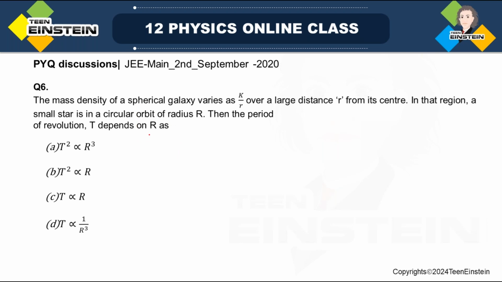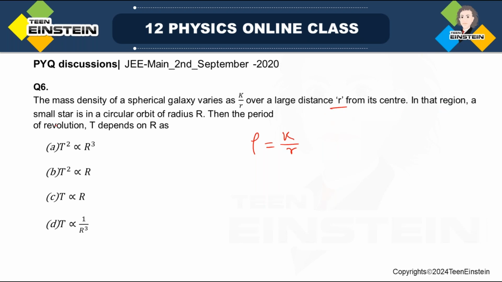Okay, so let us start with our first question here. This question says the mass density of a spherical galaxy varies as k by r. That means rho, the mass density, is given by k by r over a large distance r from its center.